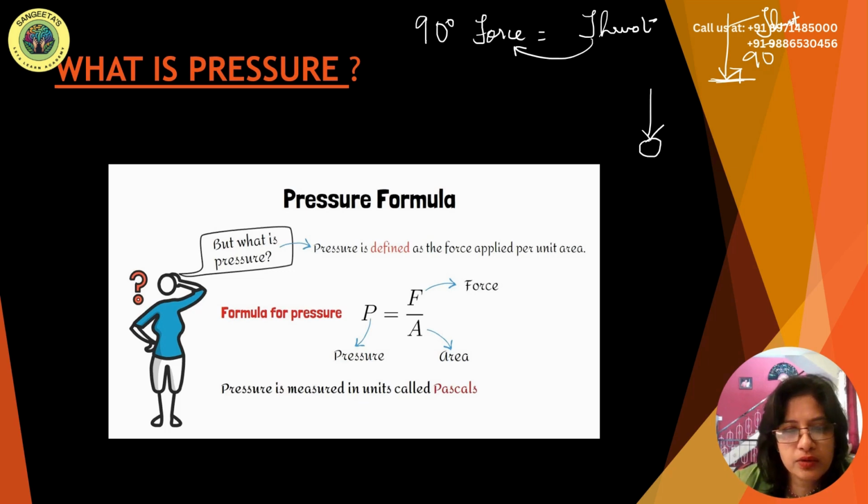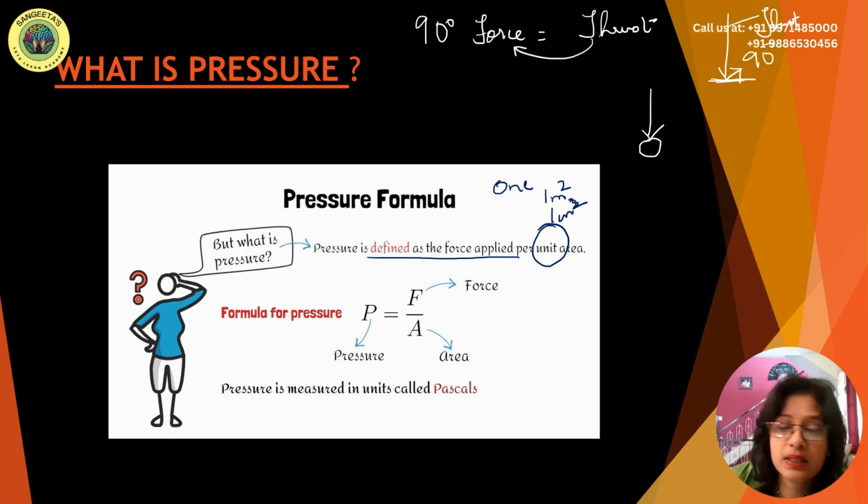So pressure is defined as the force applied per unit area. The word unit means one. So it is in 1 meter square or in 1 centimeter square. Always square is for area and cube is for volume. Remember it.